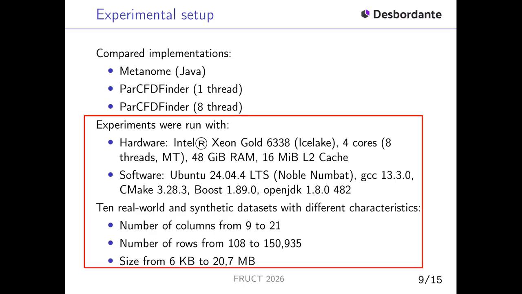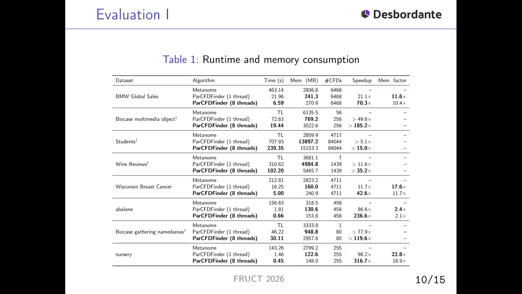The slide lists the system characteristics and datasets that we used in experiments. Experiments have shown that the optimized C++ version significantly outperforms the original Java implementation in both performance and memory consumption.